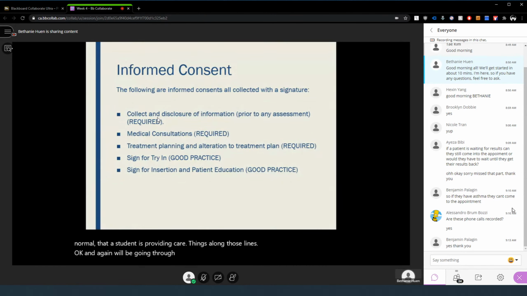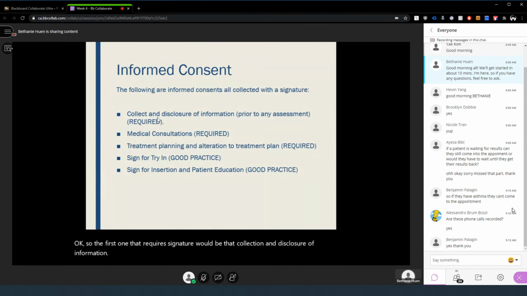For the collection and disclosure of patient information, you do require a signature. There are some informed consents that only require a verbal acknowledgement. Others require a physical signed signature. So the first one that requires a signature would be that collection and disclosure of information.